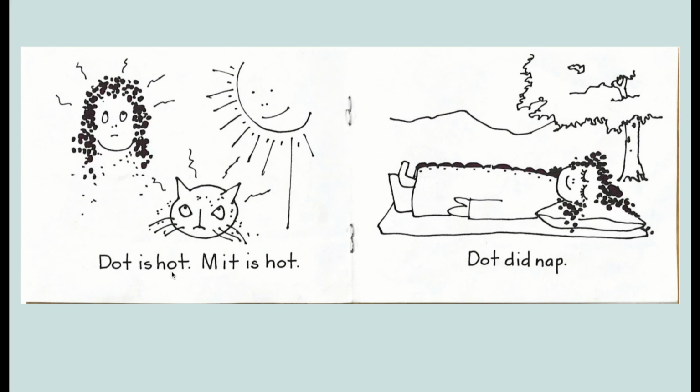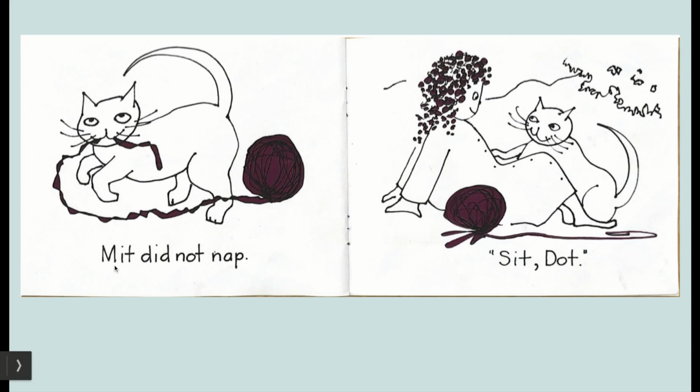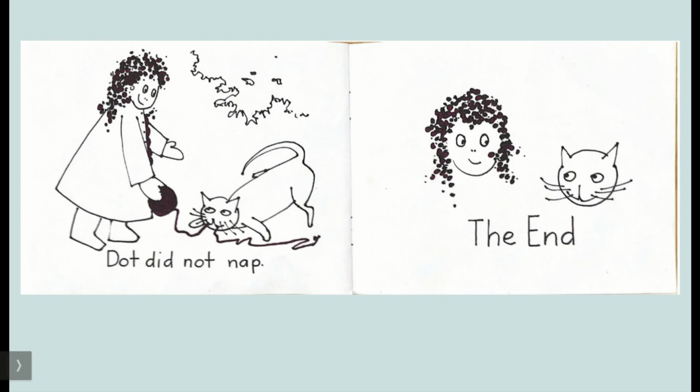Dot is hot. Mitt is hot. Dot did nap. Mitt did not nap. Sit, Dot. Dot did not nap. The end. And that's the end of our lesson today.